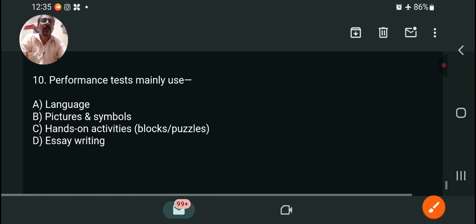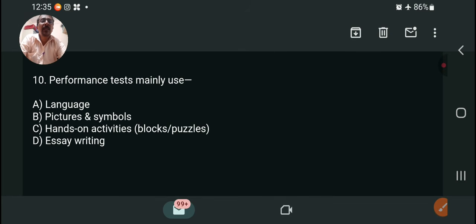The last one: performance tests mainly use language, pictures and symbols, hands-on activities like blocks or puzzles, or essay writing? Performance tests.